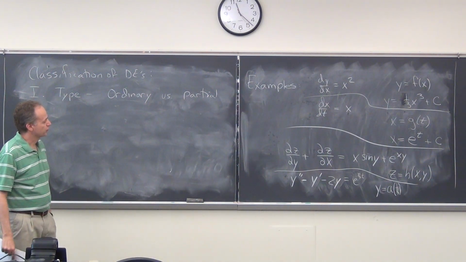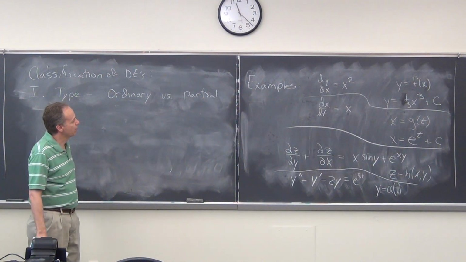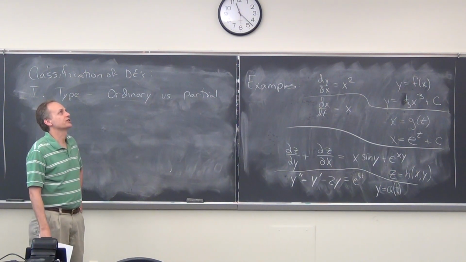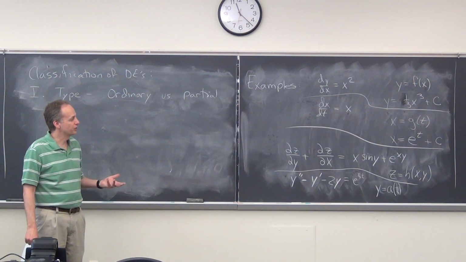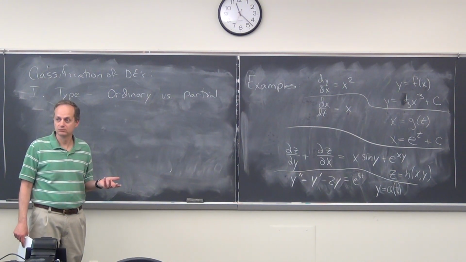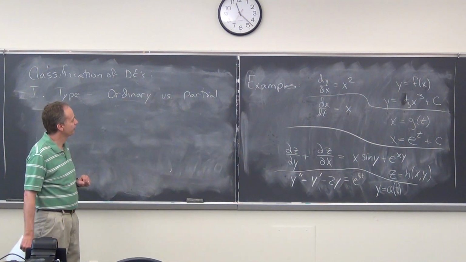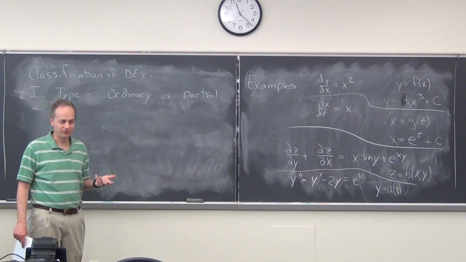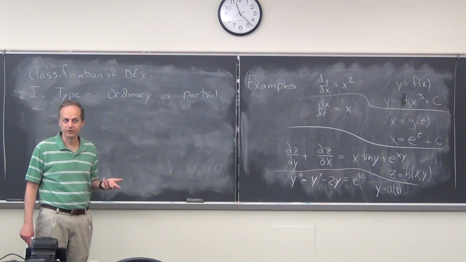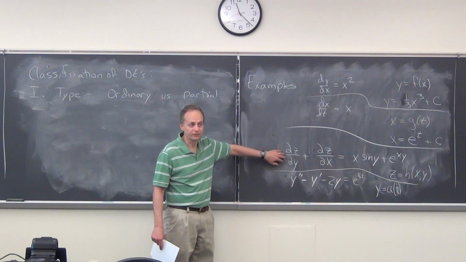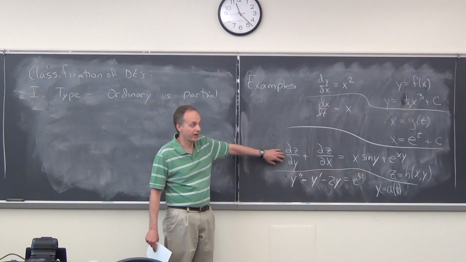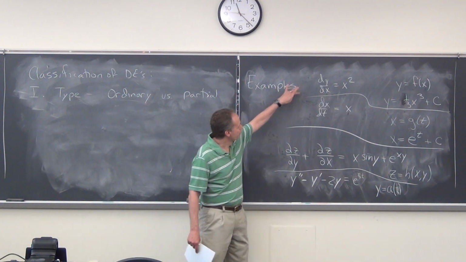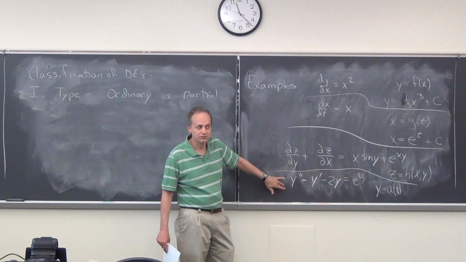An ordinary differential equation is one in which the unknown functions have only one independent variable. Whereas partial differential equations have unknown functions with two or more independent variables. So this is the only partial differential equation that I have on the board here. These would all be ordinary differential equations.